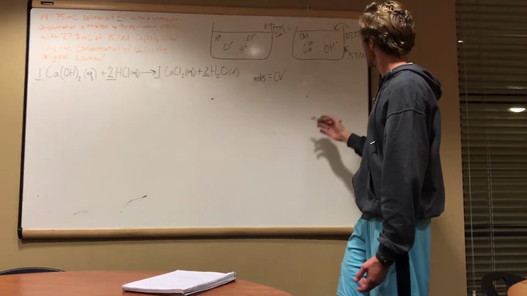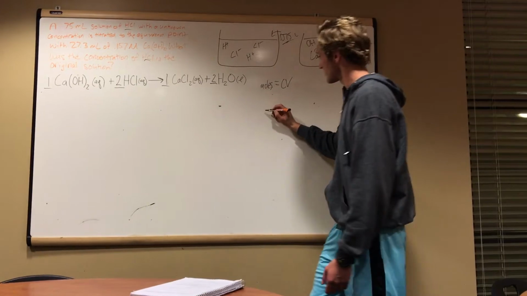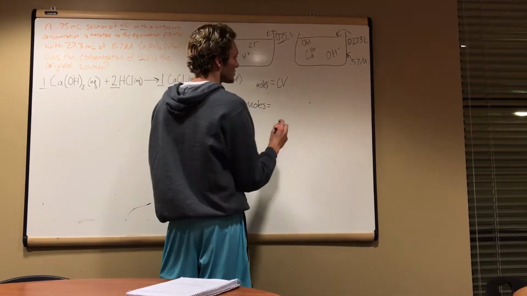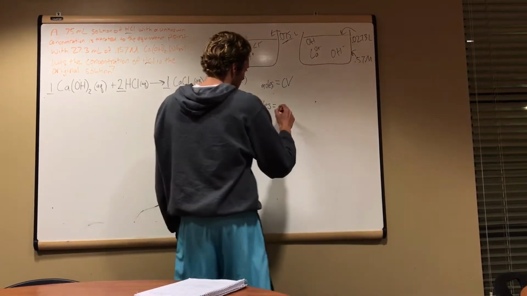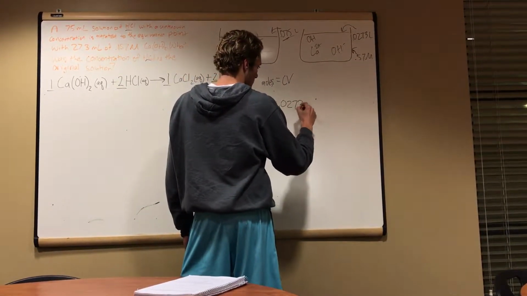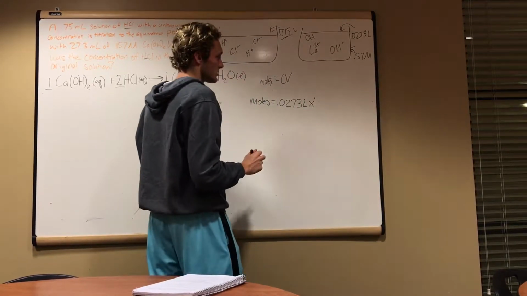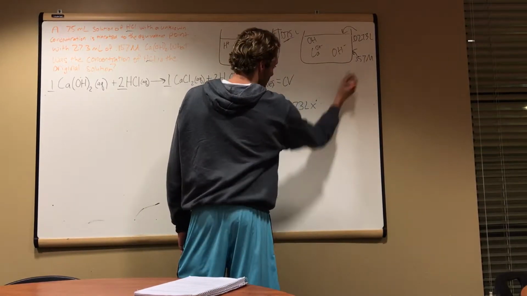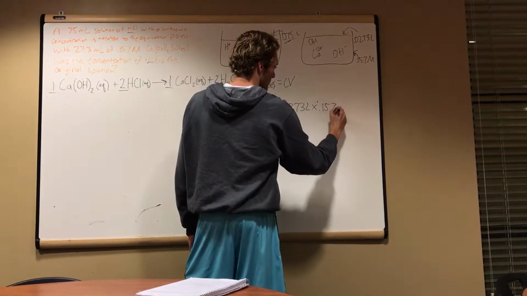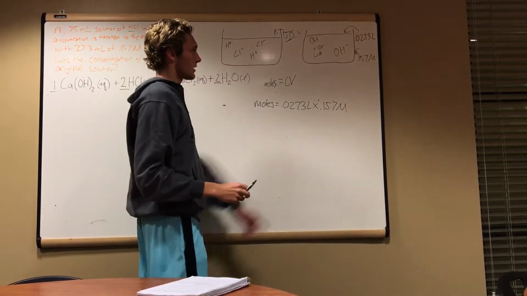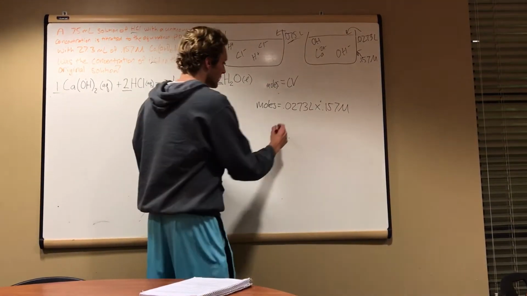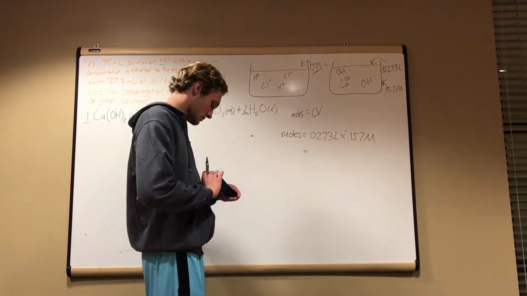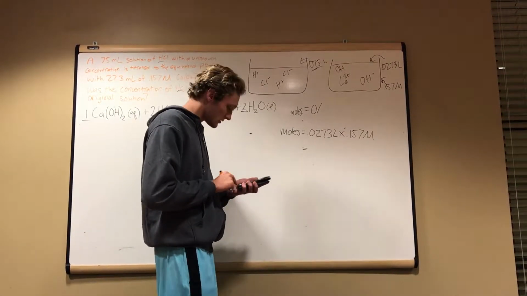So you have your moles. I'll come over onto this side now, change things up. Equals 0.0273 liters times 0.157 molar of Ca(OH)2, which is going to give us a nifty little answer, which our calculator is going to give us.